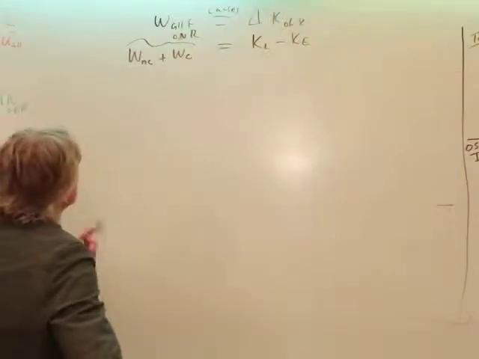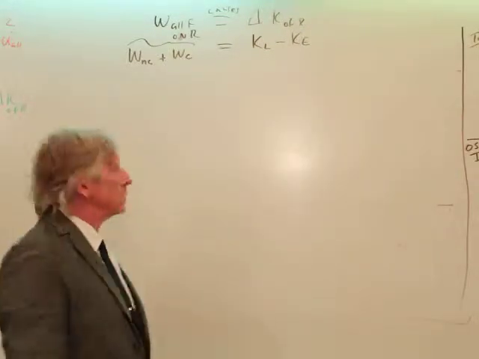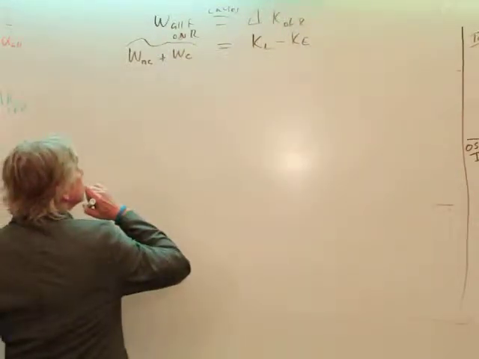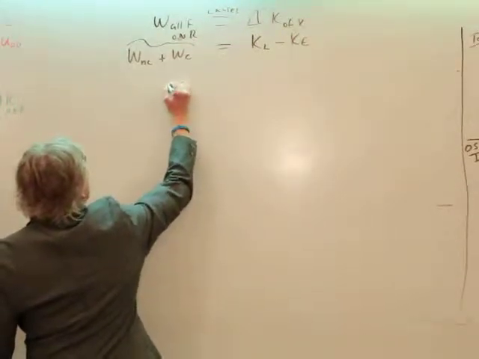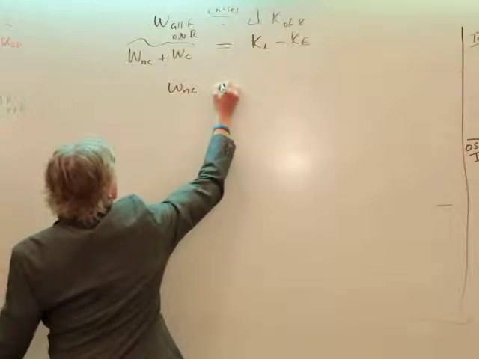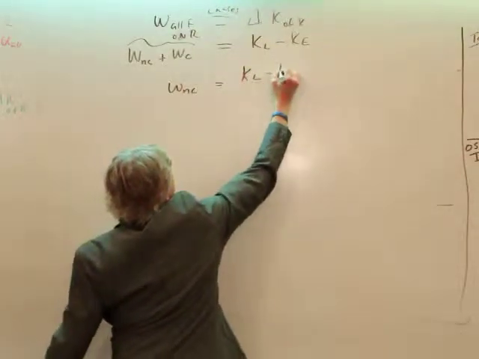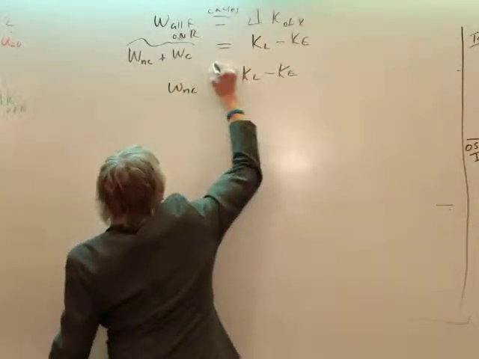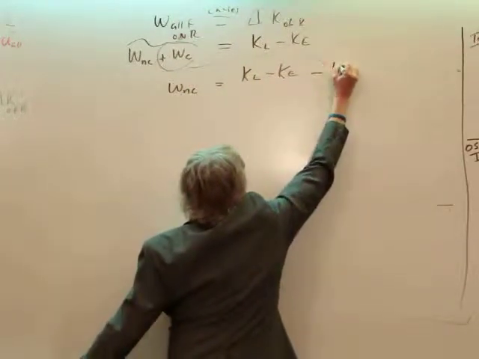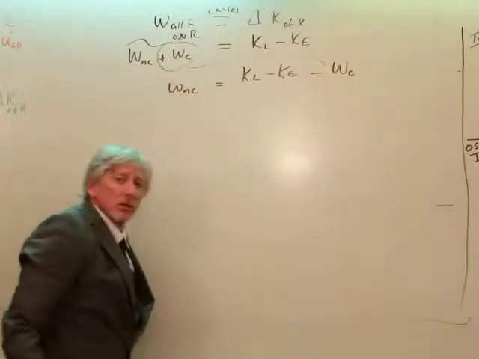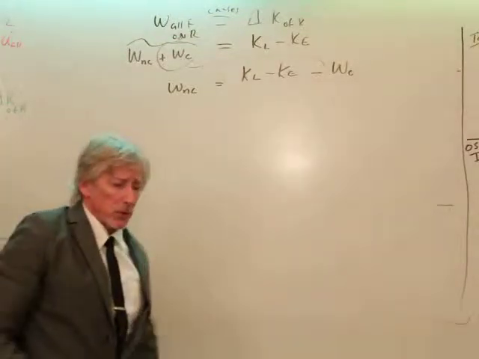Okay, cool. And now I'm going to play a little game here too. Let me just play with this. I'm a theoretician again. I'm going to say that work non-conservative equals kinetic later minus kinetic earlier. And I'm going to take that guy and put it right over here and say minus work from all conservative forces, all of them that are present.